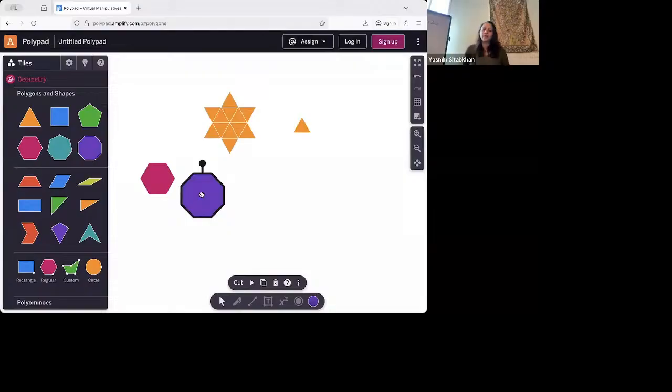So for grades 1 to 3, I would just say a square has all four sides equal, and a rectangle, they're not. I would just stick with all four sides equal versus they're not. Students may make some mistakes, but they're not quite ready to talk about the deep differences between them.